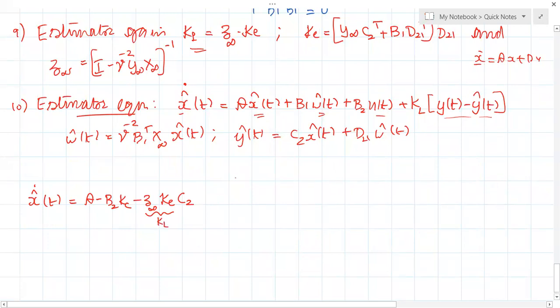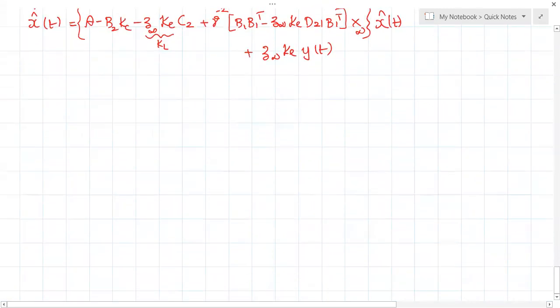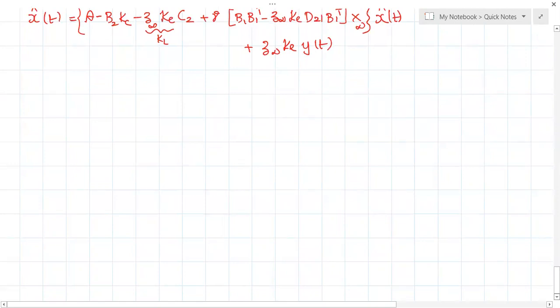Minus, plus gamma raised to minus 2 into B1 transpose minus Z infinity Ke D21 B1 transpose into X infinity, whole into X hat of T, plus Z infinity Ke into Y of T. I will do a block diagram scheme, then it should be much better, I think.